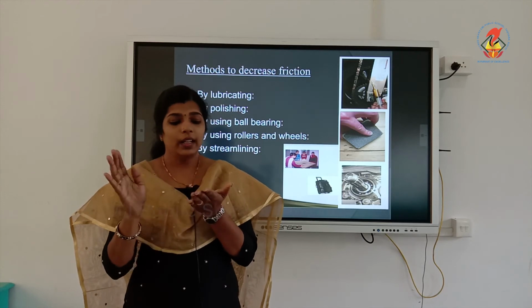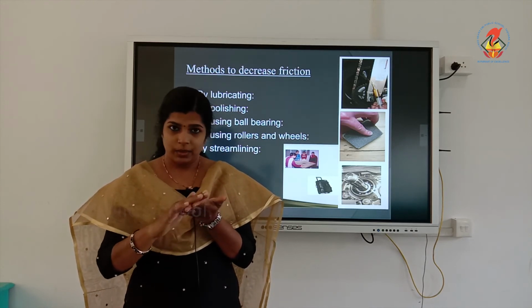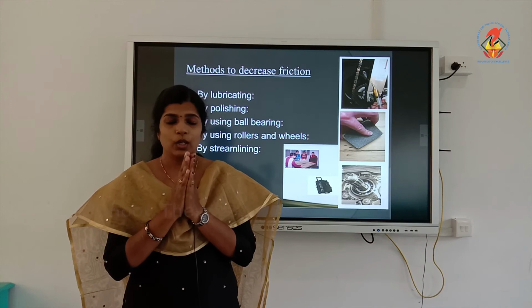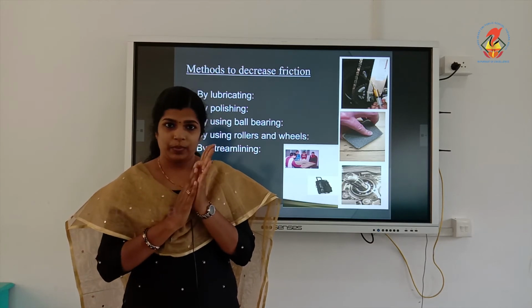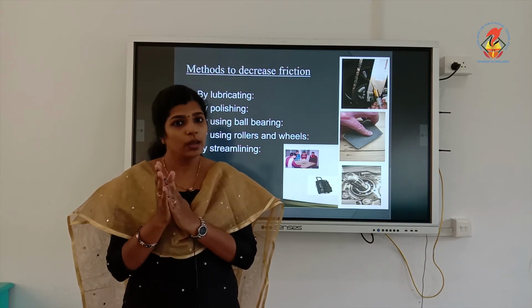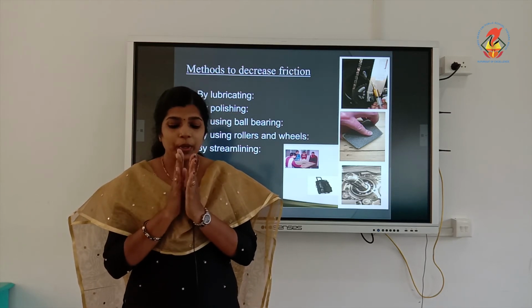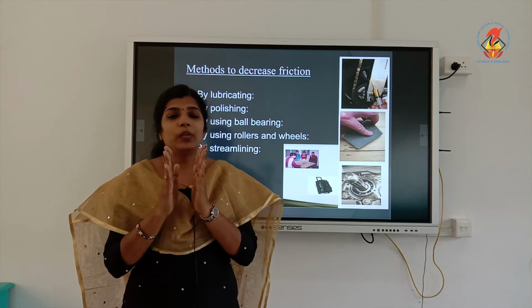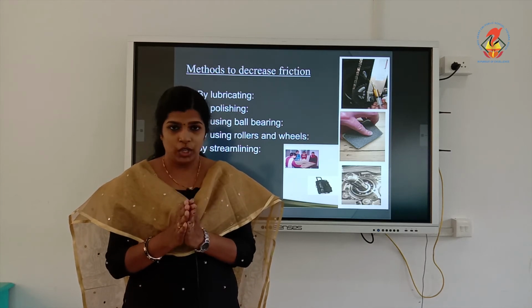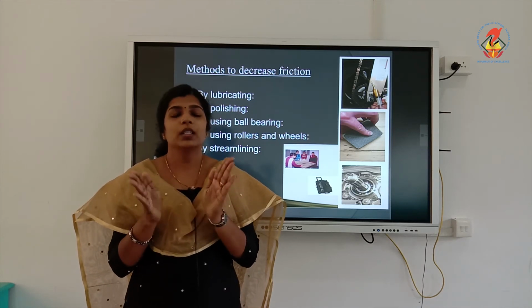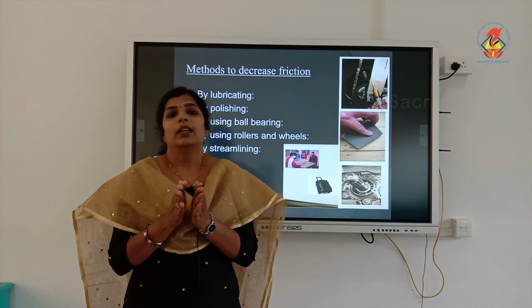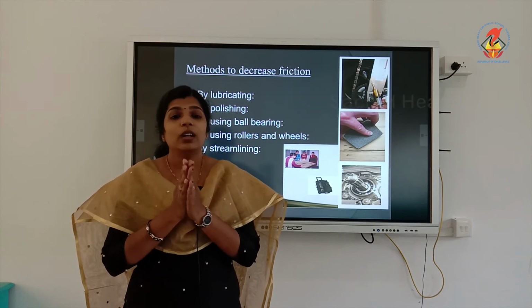That grease forms a layer between the two surfaces which are in contact and moving. So a lubricant forms a thin layer between the moving parts of the machine, and these moving parts do not rub against each other directly.